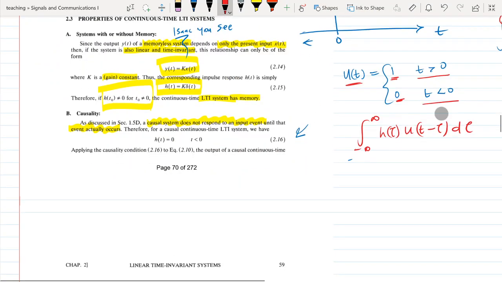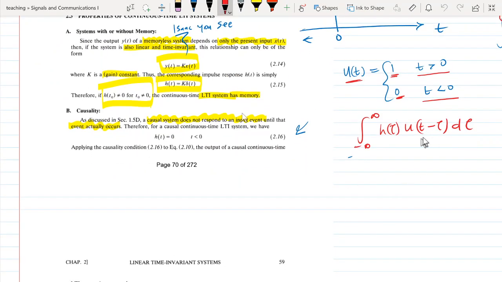What we definitely know is that this equation can only make sense. This term will be equal to 1 if the term in the bracket, if t minus tau is greater than 0.